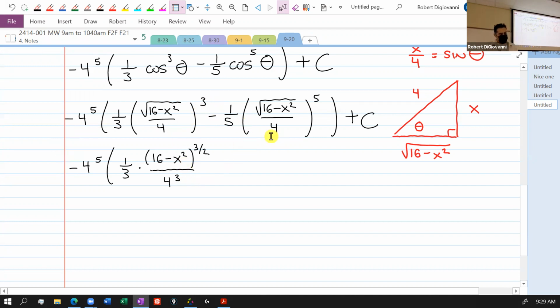I'm going to do the same thing for the other one. Negative 1/5 times 16 minus x squared to what power? 5/2, right? 5/2 over 4 to the 5th, plus c.